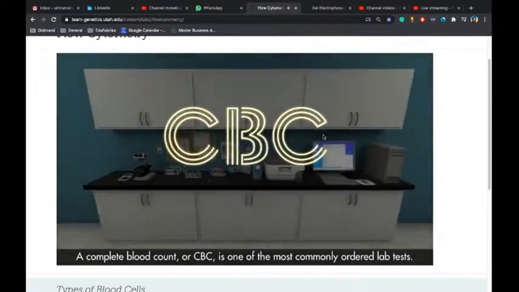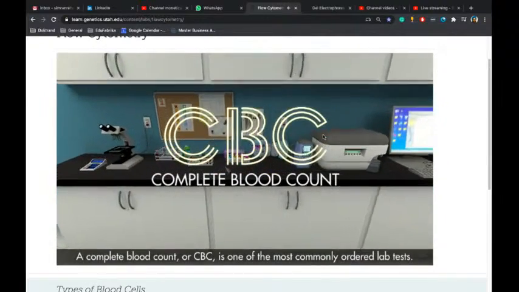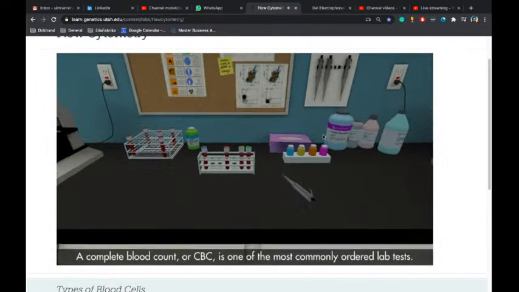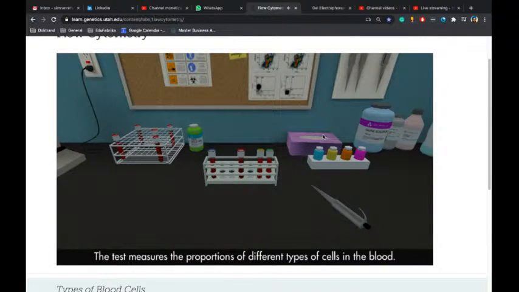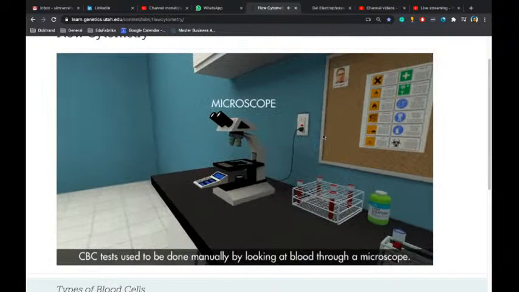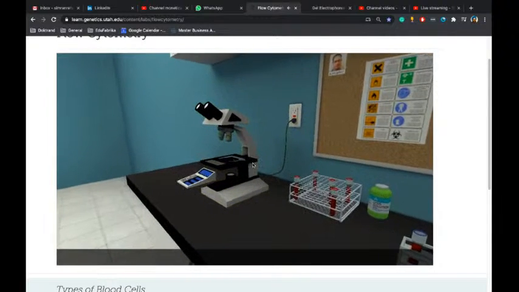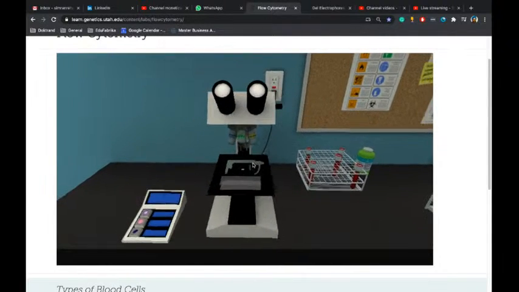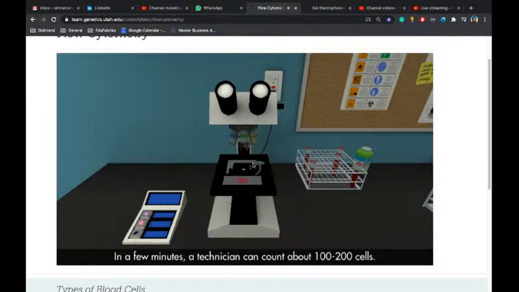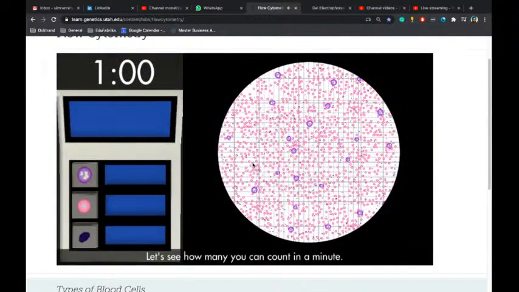A complete blood count, or CBC, is one of the most commonly ordered lab tests. The test measures the proportions of different types of cells. CBC tests used to be done manually by looking at blood through a microscope. In a few minutes, a technician can count about 100 to 200 cells. Let's see how many you can count in a minute.